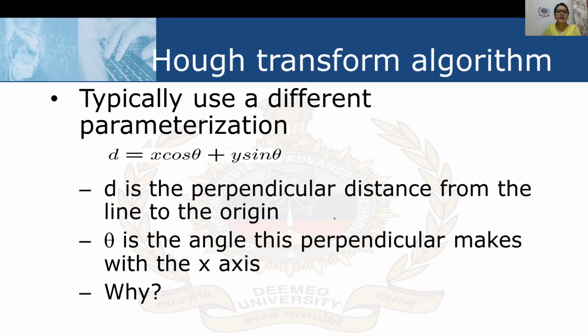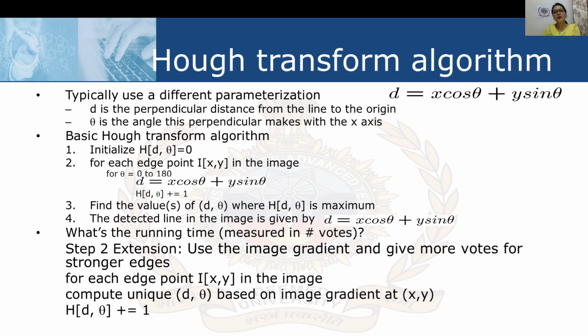And again you need to calculate the maximum. So again we will initialize the accumulator, let us say H(rho, theta) equal to 0, and for each edge point I(x, y) in the image, theta will range from, let us say, 0 to 180 degrees. You calculate the rho and you vote at those points where it hits.